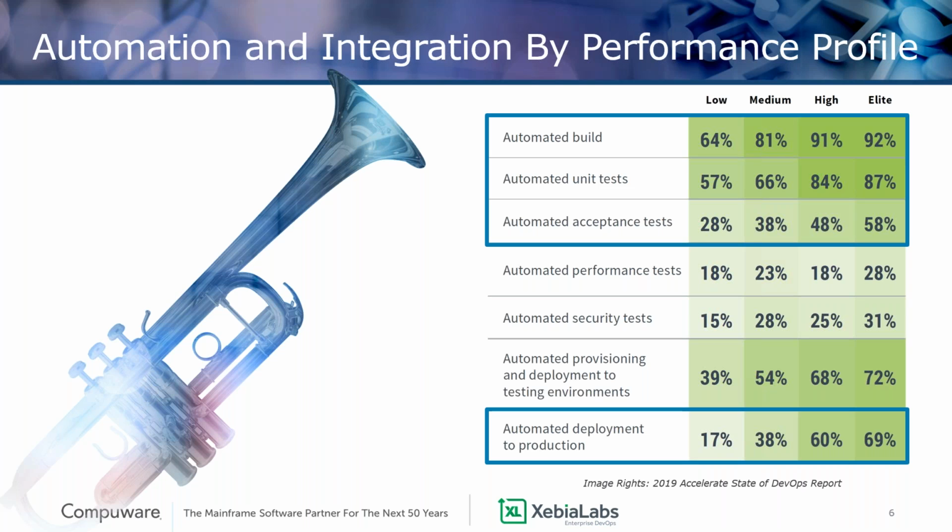What we see is, and again, keep in the back of your head that this is a combination of both the mainframe world and the distributed world, so basically all the software development. We do see that automated build and automated unit tests are actually pretty high across the board already. Even the low performance, there's a good number of people that are already doing that.